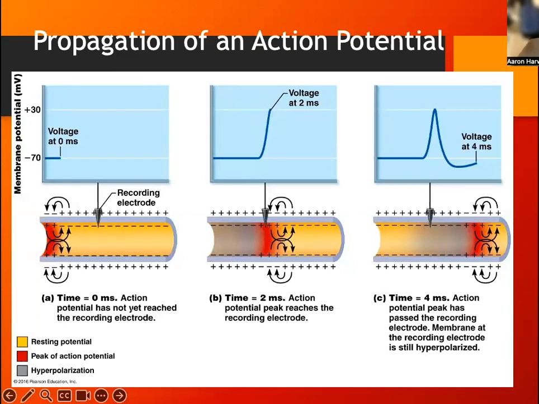So this just illustrates: the action potential is in the red, resting potential in the yellow, and hyperpolarization is in the gray. So you see a depolarization or action potential, basically starting in a localized area and propagating along the length. So it causes further depolarization all the way along. And basically, the cell is doing its own thing in different areas.